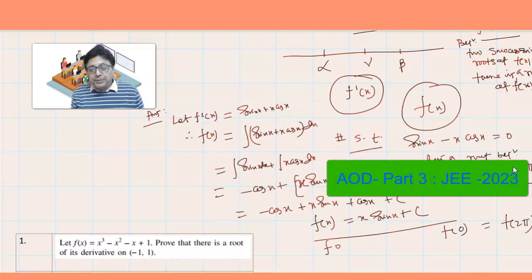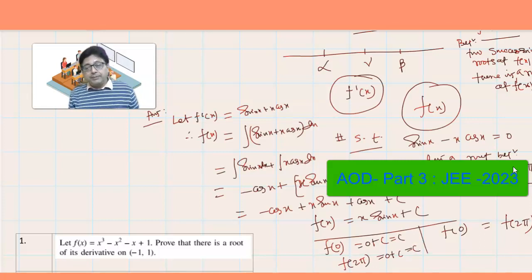Because here f(0) will be 0 plus c, f of 2 pi also 0 plus c. So both are becoming equal to c. f(0) equal to f(2 pi). So what will be your conclusion here?